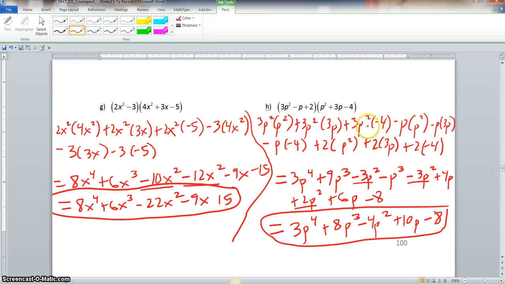So what happens is this here, when we took our 3p squared times negative 4, this negative 3p squared should have actually been a negative 12p squared. And negative 12p squared minus 3p squared should have given us a negative 15p squared.